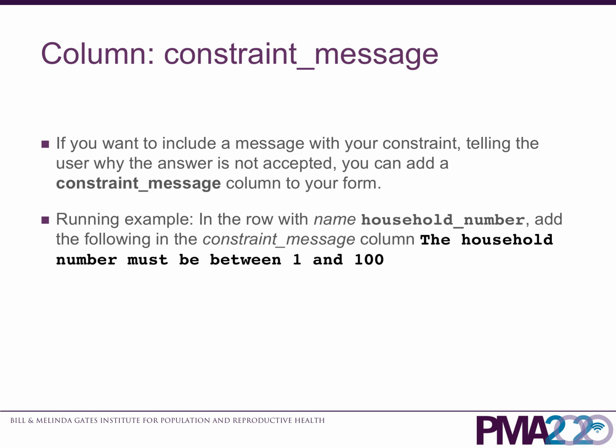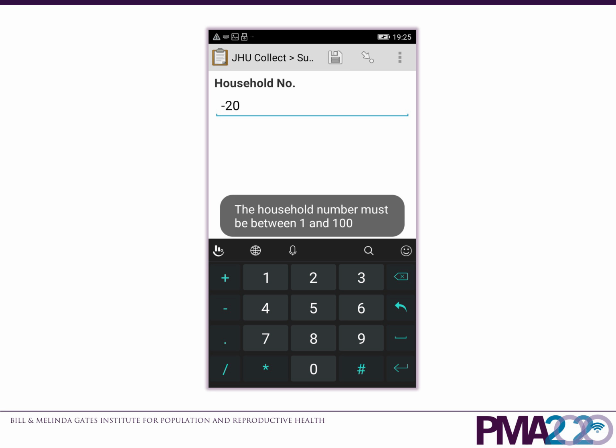Therefore, we suggest whenever you make a constraint, you include a constraint message. Please pause the presentation and enter the information listed in the second bullet. This is an example of a constraint message that popped up because the data that the enumerator entered into the tablet did not meet the requirements.